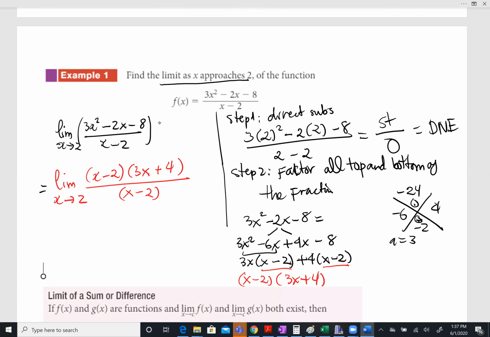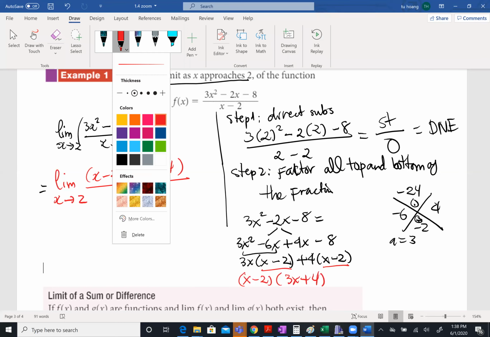Remember that in a limit, when x goes to 2, that means x is not equal to 2. x is only approaching 2. So I can easily cancel the common factor between the top and bottom.